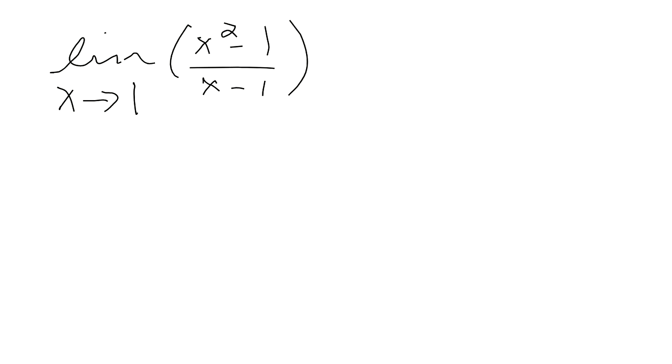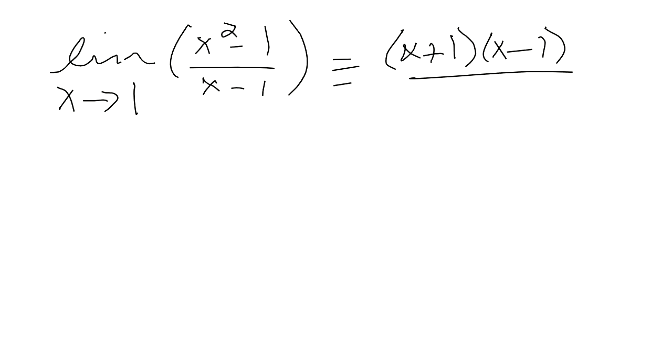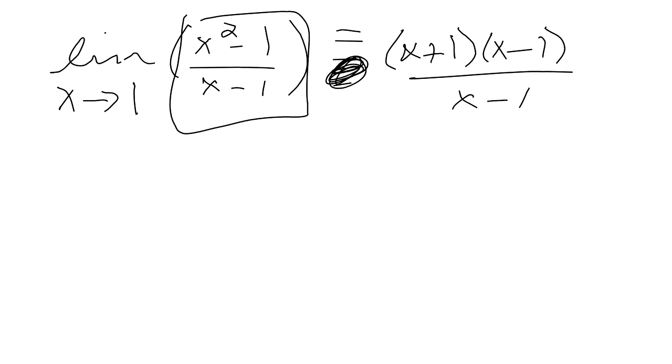And what we notice is, since this is my function f of x, it is equal to x plus 1 times x minus 1 divided by x minus 1. This function here is f of x equals this function here.